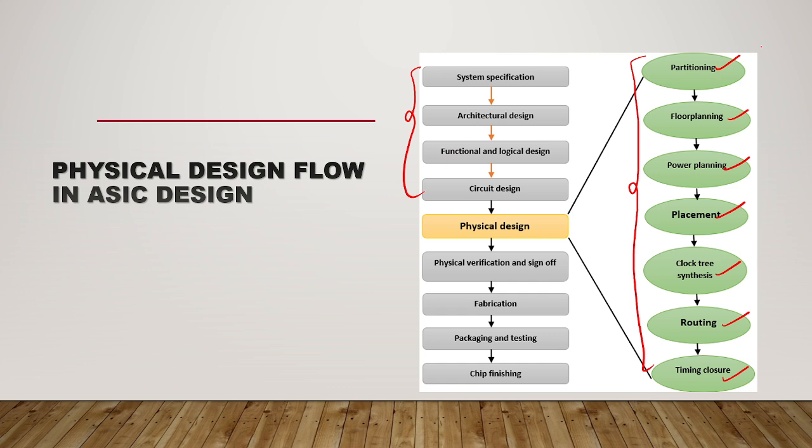If a civil engineer is constructing a building, first he will do planning of how the building should look. He will draw the plan, and do partitioning also: where the bedroom should come, where the hall should come, and where the kitchen should come. They will do this and placement of macros.